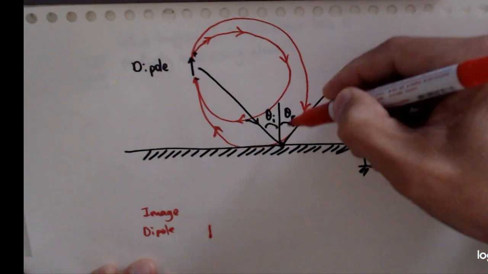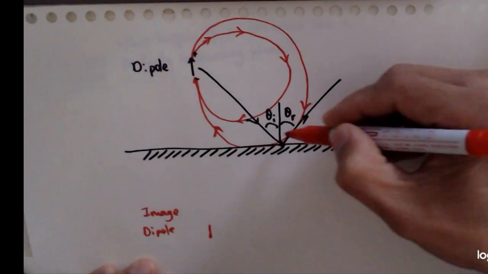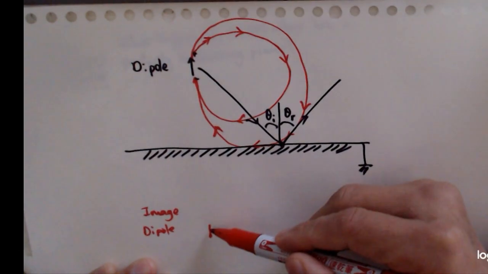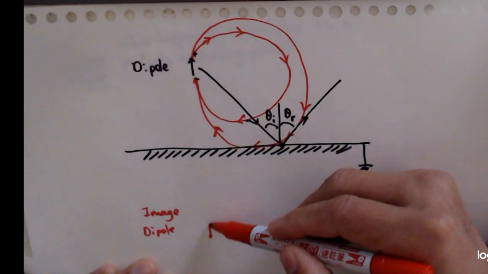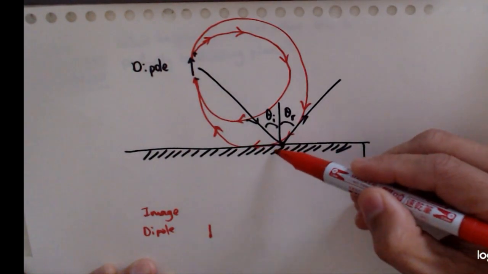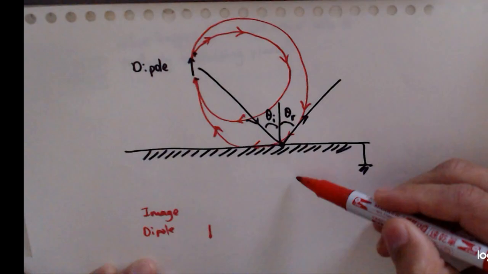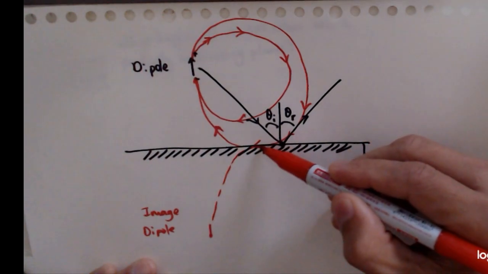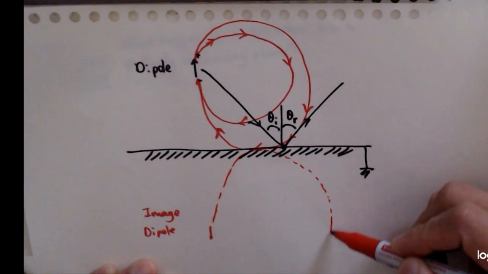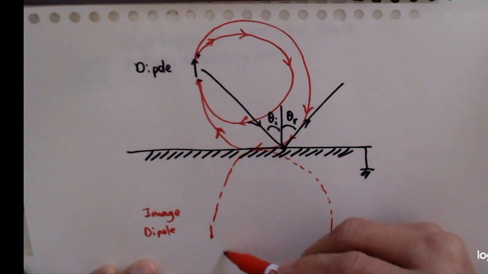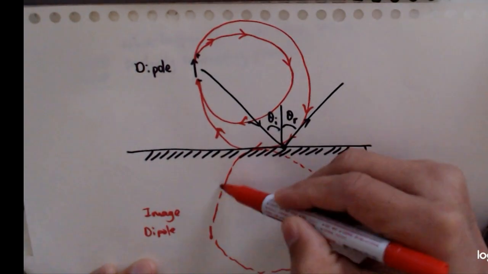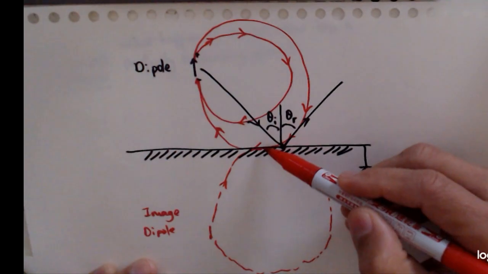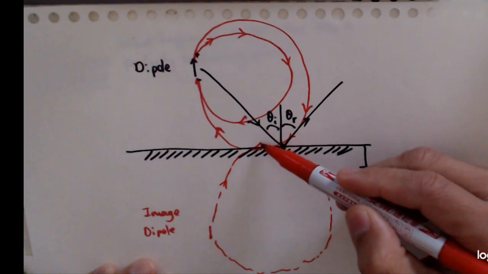The image dipole will produce another electric field, and this field will counterbalance this one in a way that the total tangential electric field will be exactly zero.